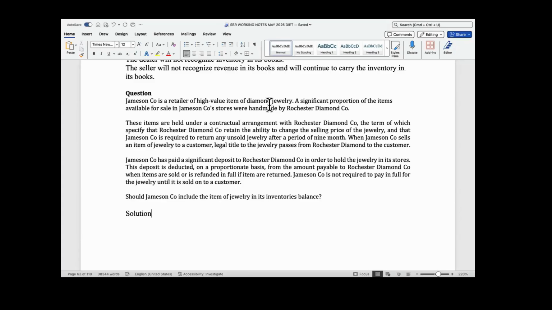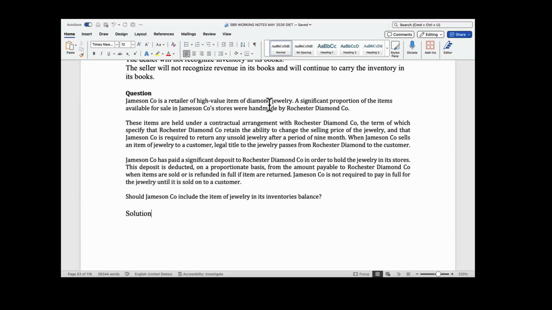Based on your explanation, sir, James Co. cannot recognize it in its inventory book, because based on this question, the control has not been given to him. He doesn't have any control over the jewelry being given to him to sell.